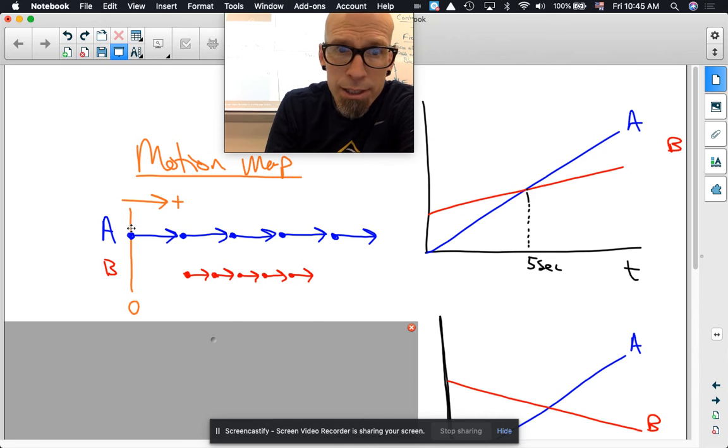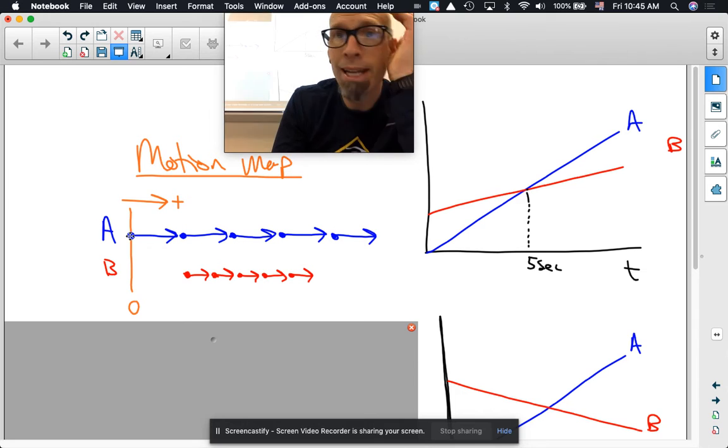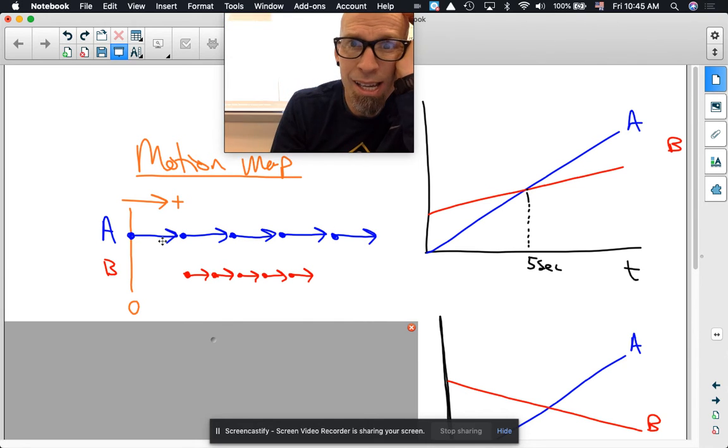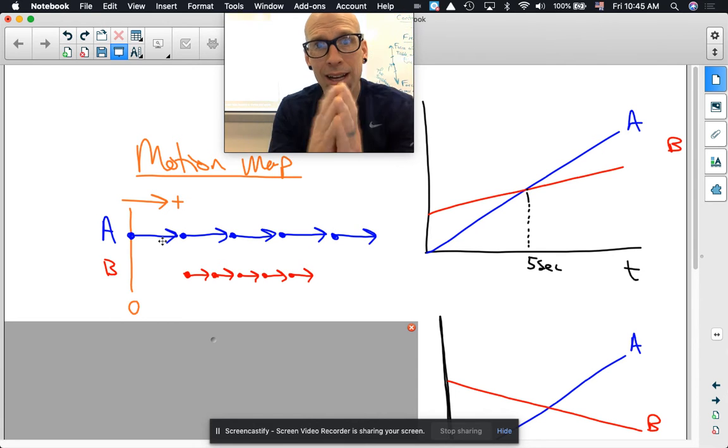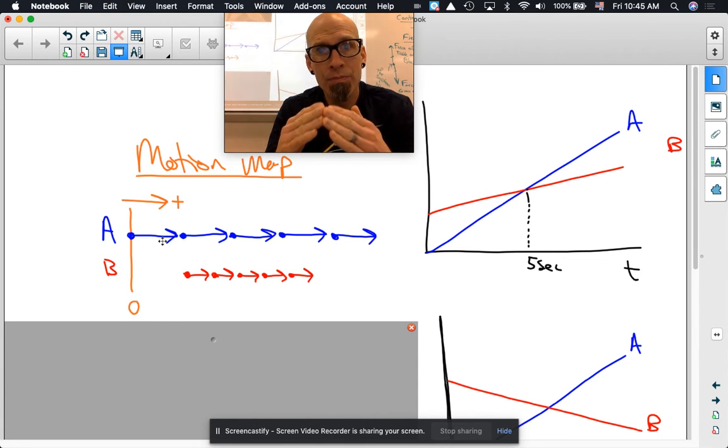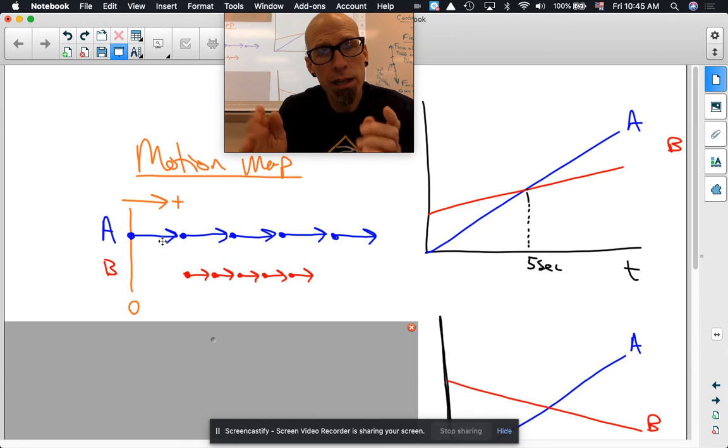Now, A started at the 0 position. It shows it on the graph, right? A starts at the origin or the 0 position. So I put a dot that represents A. And then I make arrows for A. And arrows are nice for representing velocity because arrows have a length and they have a point. So how long they are tells us how fast, and which way it's pointed tells us which direction.